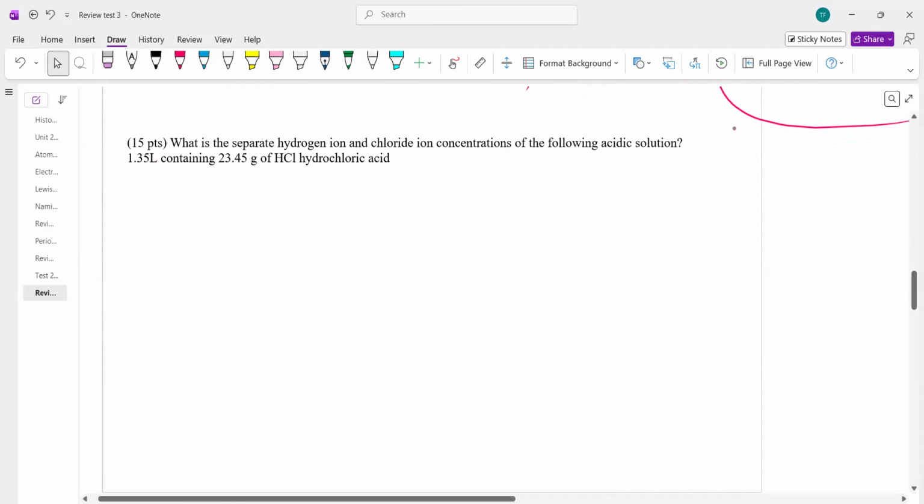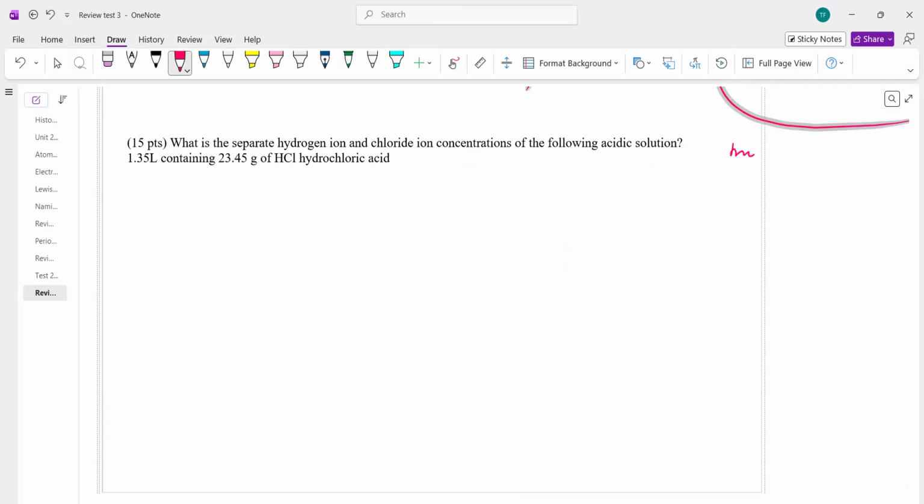Okay. What are the separate hydrogen ion and chloride ion concentrations of the following acidic solution? Ion concentration is, remember, moles per liter. So we need to get moles, and the volume is given.